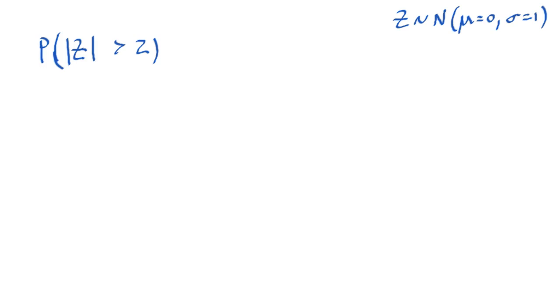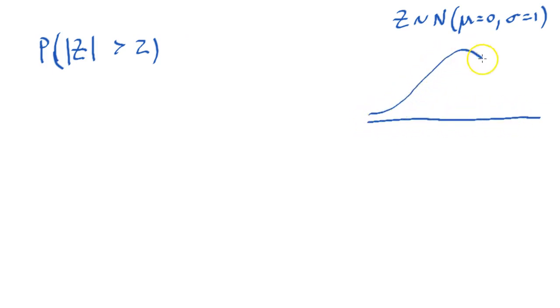So what the absolute value means, you may remember, is the positive and negative. If the absolute value is equal to 2, Z would be equal to 2 or negative 2. That's kind of the idea. This helps draw a picture.